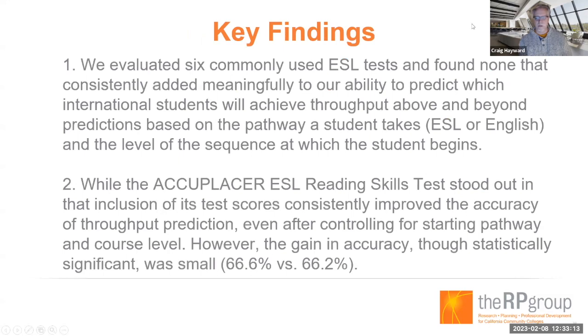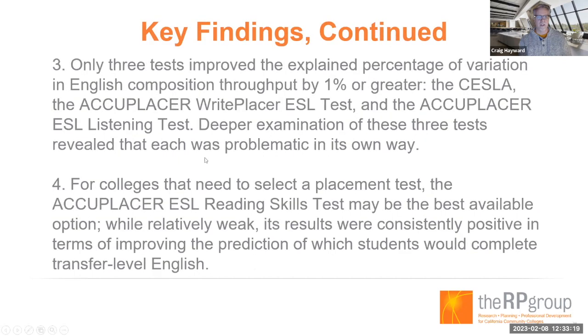So a summary here, I think I've already covered these key finding points, so move on. I've covered the problematic issues with the KELSA, the AccuPlacer, and the ESL listening test. They initially looked promising, but a deeper examination showed each had their own serious issues.